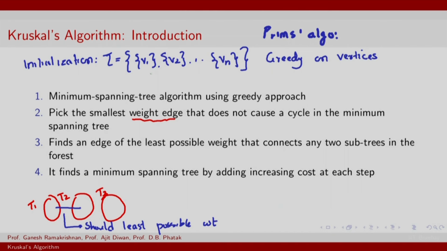You will pick the edge with the least possible weight that connects two different trees. Of course, in this process you will merge these two trees, so you will get a new tree with V1, V2, and the others will remain what they were. In this way you keep growing till you have found a single tree, or you are not able to find any edge that connects two trees.